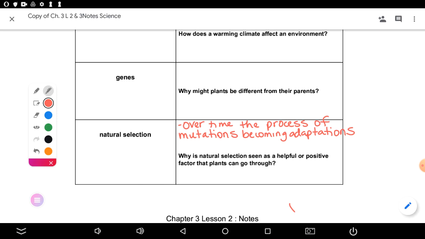So in parentheses, or I'm going to put another bullet point. Keep useful mutations and reduce harmful ones. And we're going to talk about that real quick.